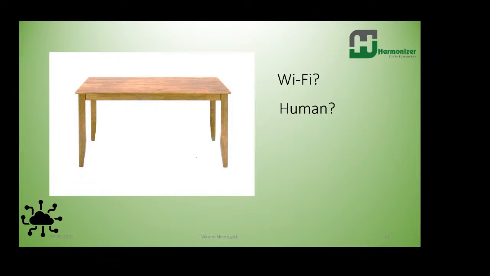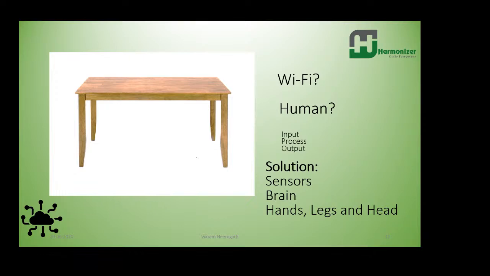The way a human being can sense, in a similar way we can do it. A human being takes input with the help of sense organs, by seeing with our eyes, by touching with our hands, by sensing with the skin, by hearing noise, smelling.